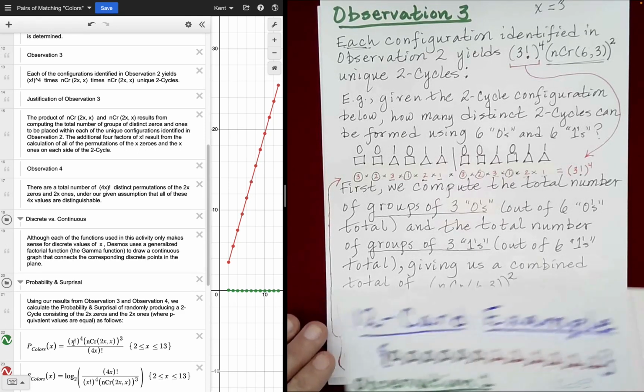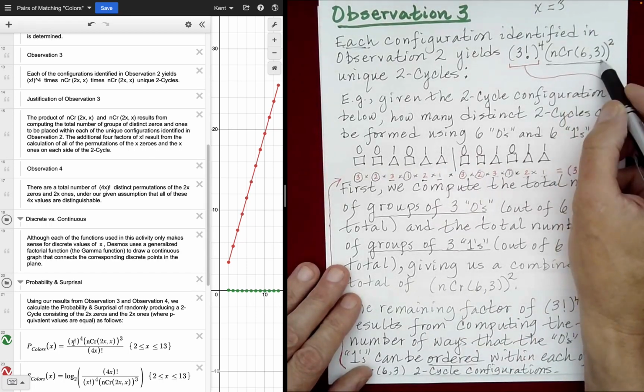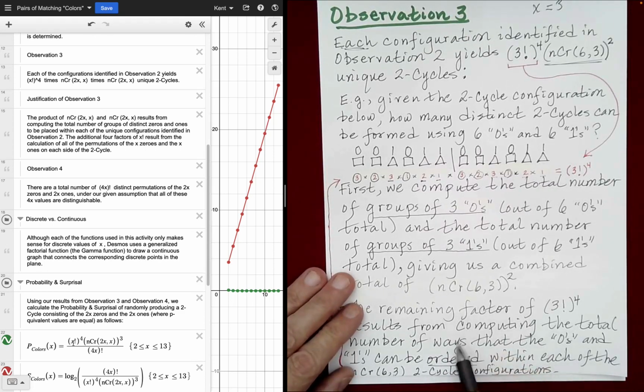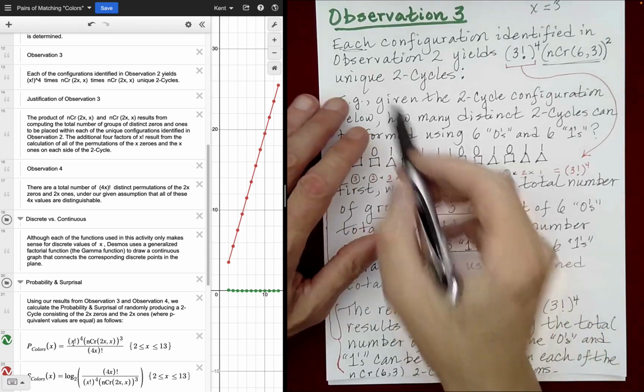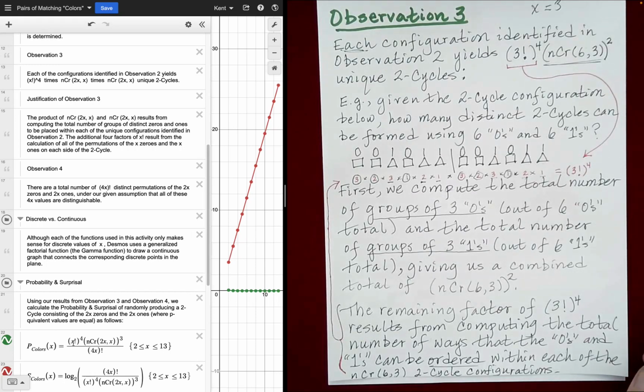So we get the same factor twice, which leads to this term right here. We've just squared it. And then we've already explained the bottom here; we explained that first. So for each specific configuration, we've calculated how many 2 cycles can be built that have that skeletal structure.